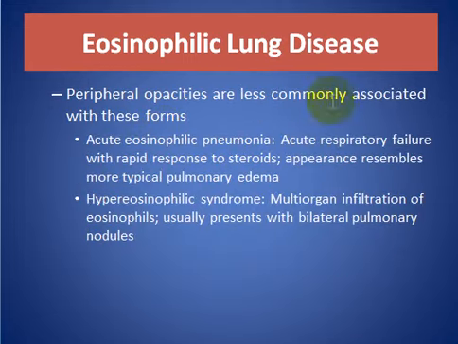Peripheral opacities are less common with these forms: acute eosinophilic pneumonia, acute respiratory failure with rapid response to steroid. Appearance resembles more typically pulmonary edema. Hypereosinophilic syndrome, multi-organ infiltration of eosinophils, usually presents with bilateral pulmonary lung nodules.